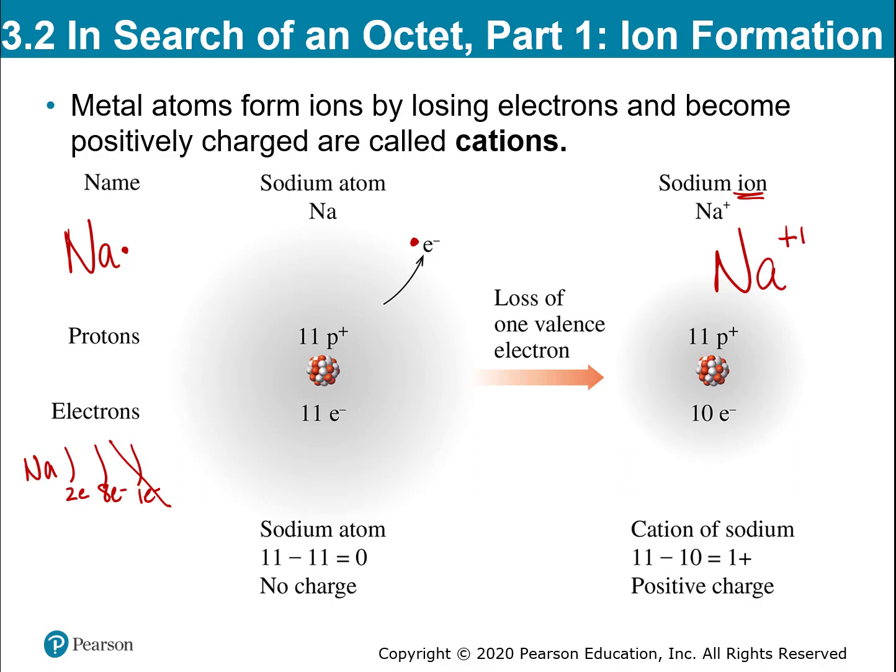Sodium has 1, calcium only has 2, magnesium has 2, lithium only has 1. So for the ones that only have a couple of electrons, it's easier to get rid of their electrons than to try and pick up 7 or 6. That's really not going to happen. It's just easier to get rid of them and have the next level down become their outer energy level.